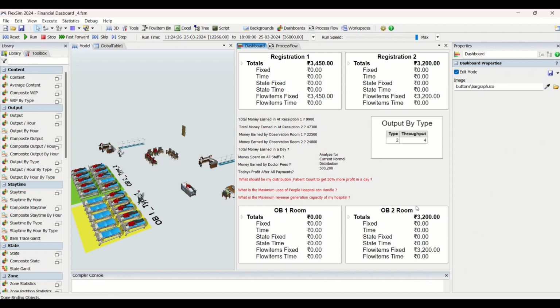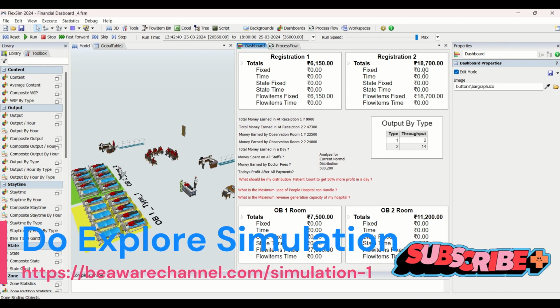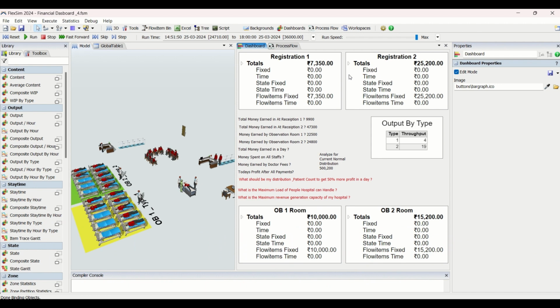Now let us look at how much collection we are getting from observation room 1, observation room 2, and from the registration area 2. So this is how we are going to find it out, and we are about to close, and we are here at 3600. It's almost done, we are about to end.